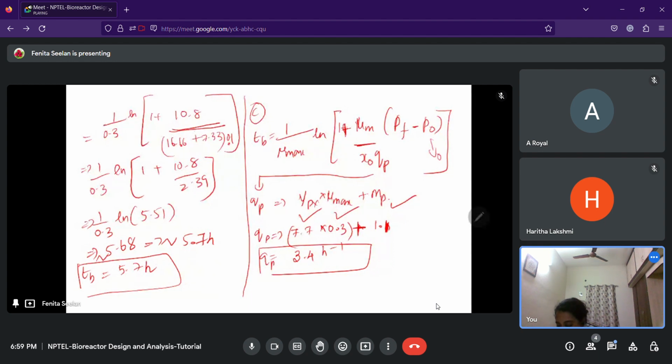But here it is not an autocatalytic reaction. Your product is ethanol. At the initial start of the reaction, ethanol is not going to be present. So here we can assume that P naught is equal to 0.